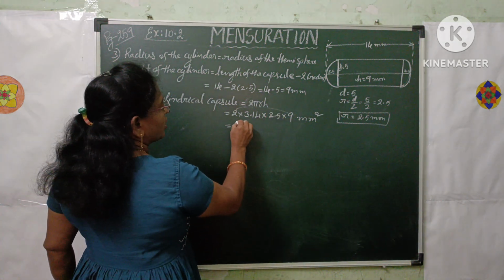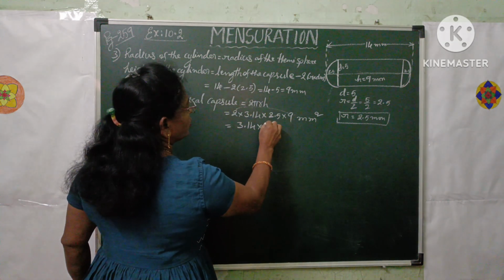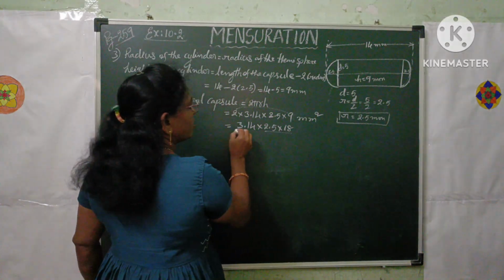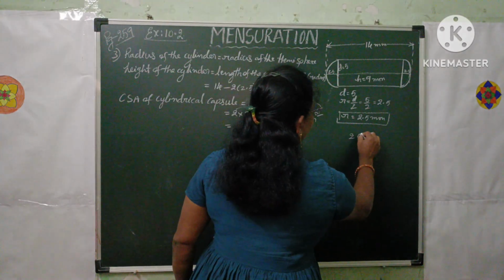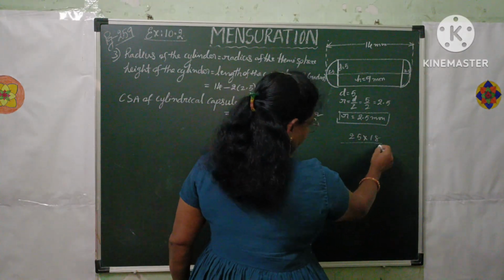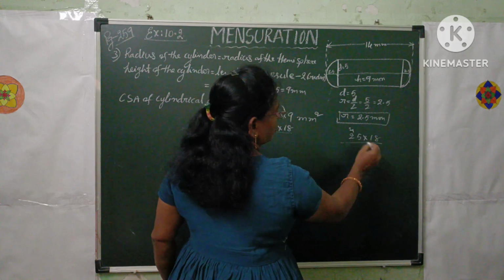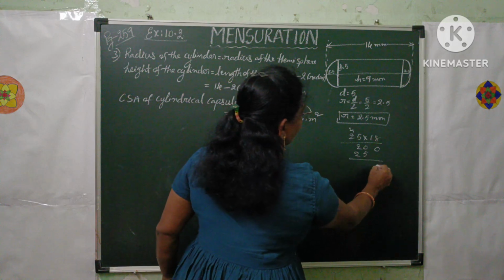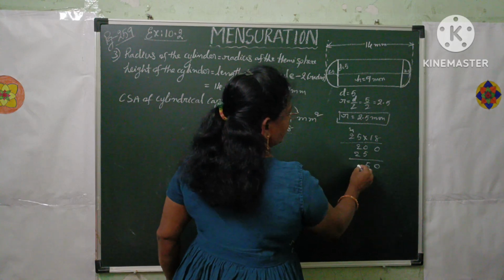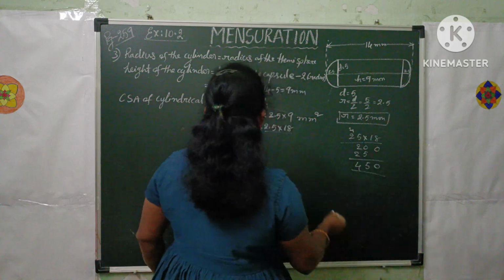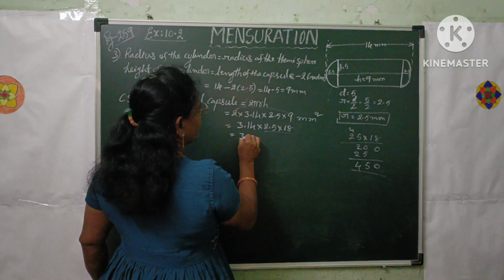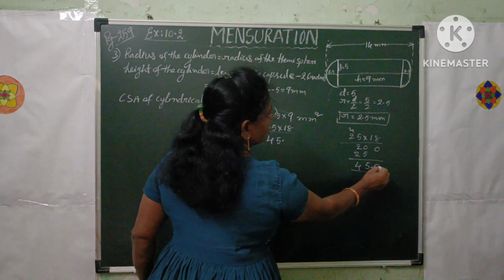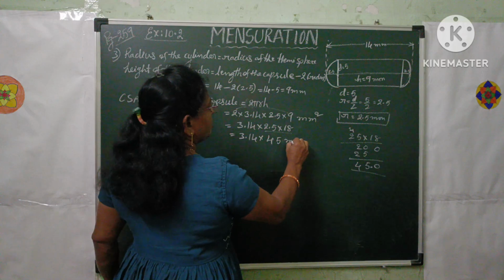Okay, so that is 3.14 into 2.5 into 18. First we multiply these two, then multiply. 2.5 into 18 is 45. That is equal to 3.14 into 45. Here one digit before decimal, 45, millimeter square.